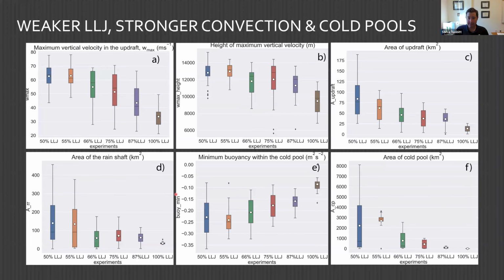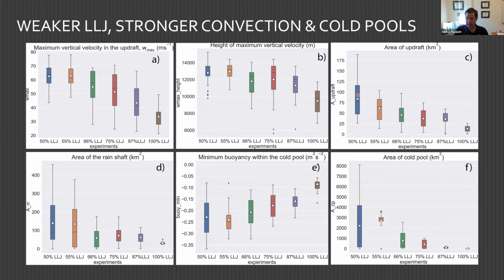If we look at the buoyancy within these cold pools here across these diagrams, you're basically seeing the strong low-level jet experiment on the right and the weak low-level jet experiment here on the left. We see that the cold pools in the weaker low-level jet cases are actually much stronger. And that lifting ends up causing much stronger, broader updrafts.